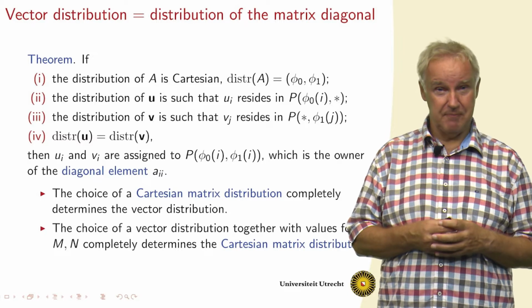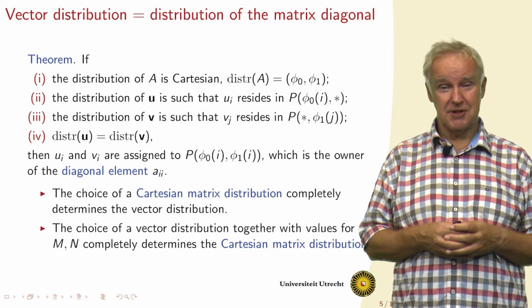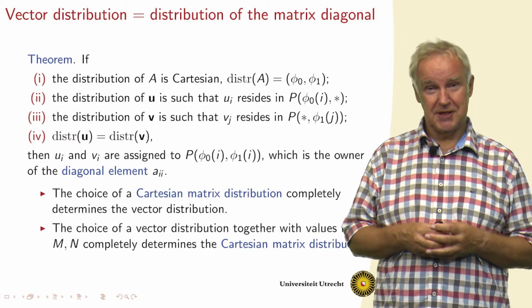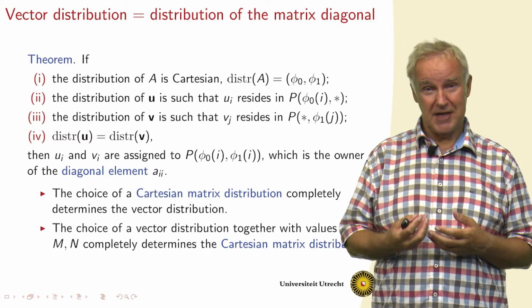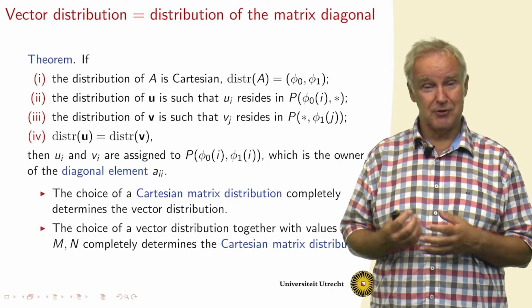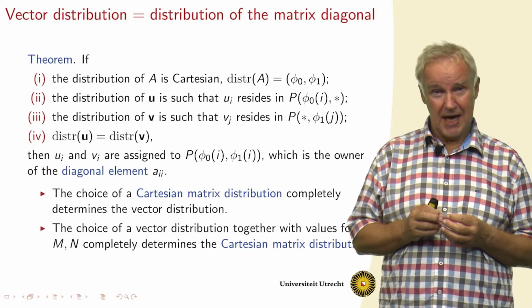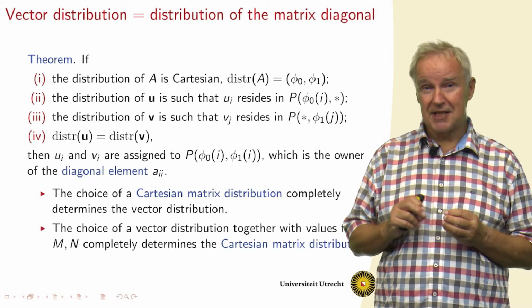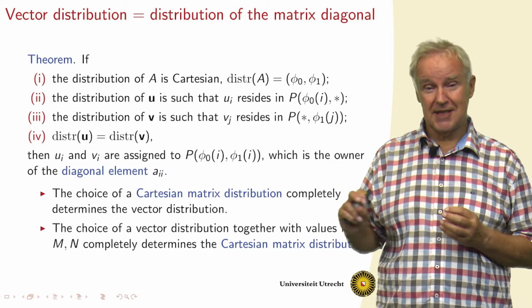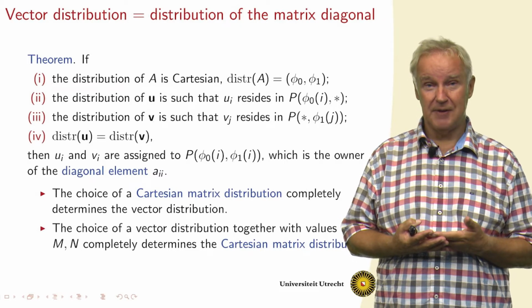Here's a theorem. We have a matrix, and we assume that the matrix is distributed in a Cartesian form. So the distribution is given by phi_0 and phi_1, phi_0 for the matrix rows, phi_1 for the matrix columns. We assume that u_i resides in one of the processors that has this row, which is processor row phi_0(i).